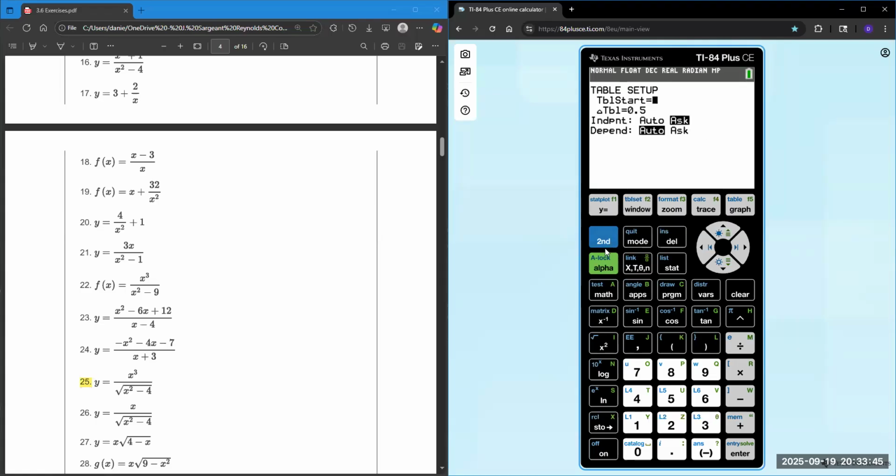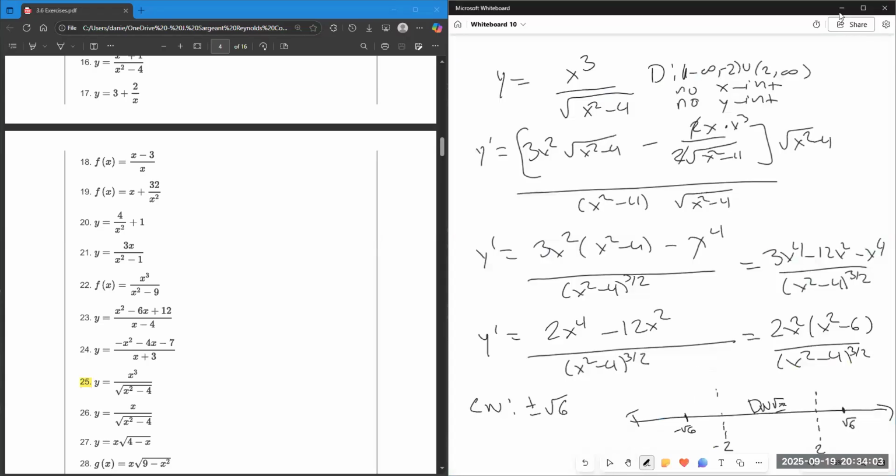Table setting ask, and let's delete these. So let's pick something less than negative root 6, like -3. And that's going to be a positive number. So positive in this interval.